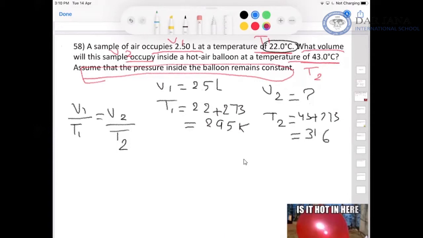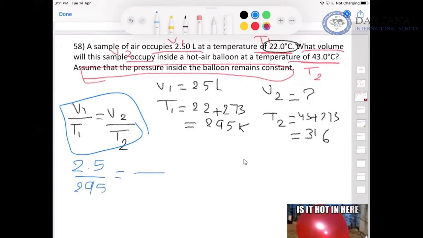Now you are going to substitute in this law. So V1 is 2.5 over 295 equals V2, which is the unknown. This is the unknown X or V, and T2 is 316. Now you find X the same way you do in mathematics.